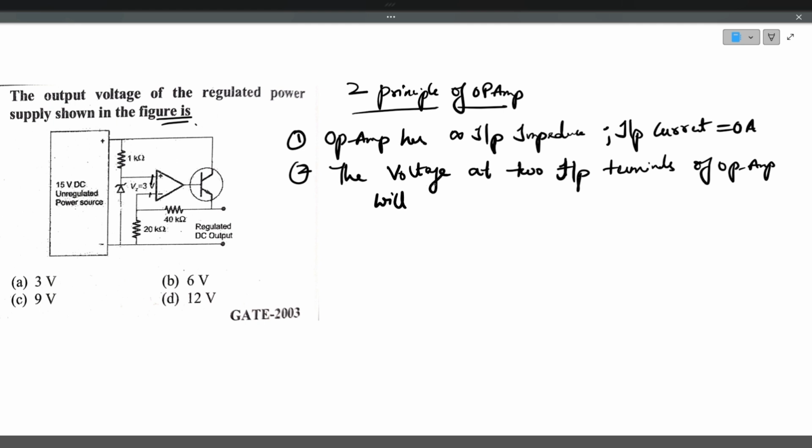This is called the virtual short principle. So whatever voltage appears at the positive terminal, the same voltage will be there at the negative terminal also. That is called the virtual short principle.